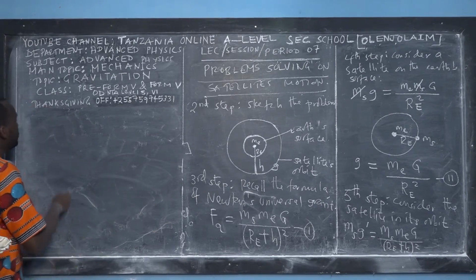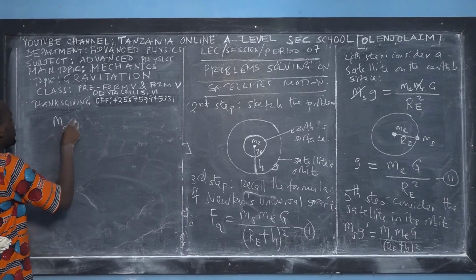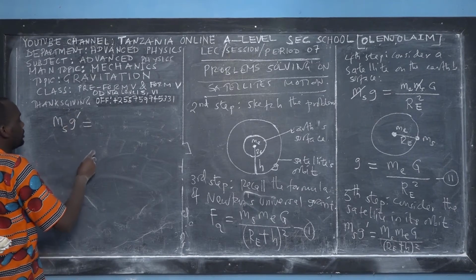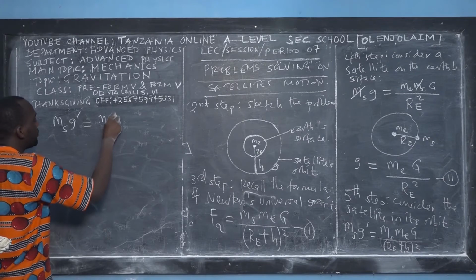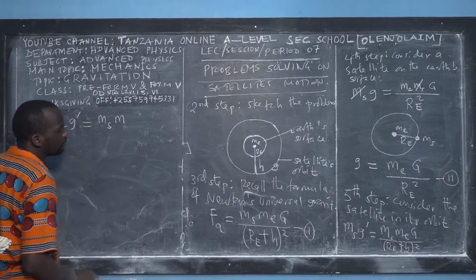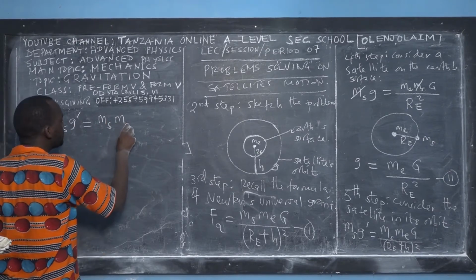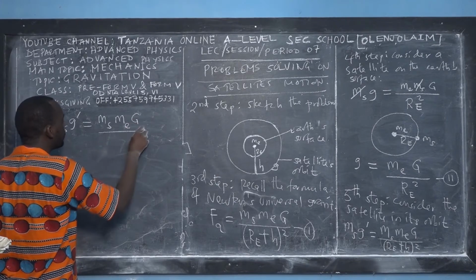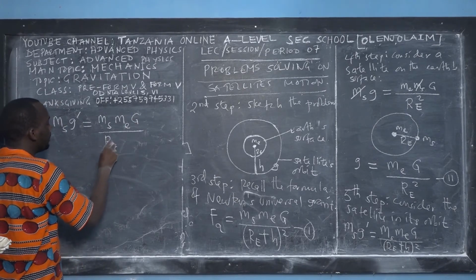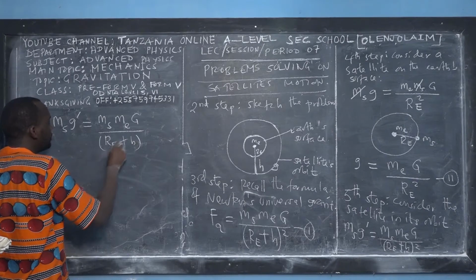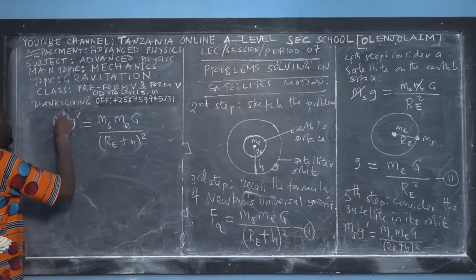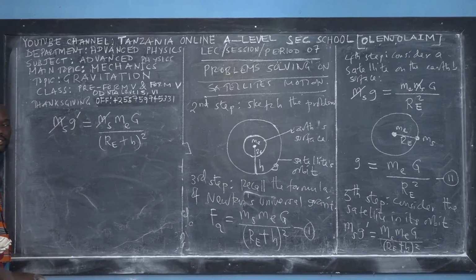So if that's the case, you say that the mass of the satellite times g dash is equal to the mass of the satellite, mass of the Earth, universal gravitational constant, divided by the radius of the Earth plus the height h squared. So the mass of the satellite cancels.